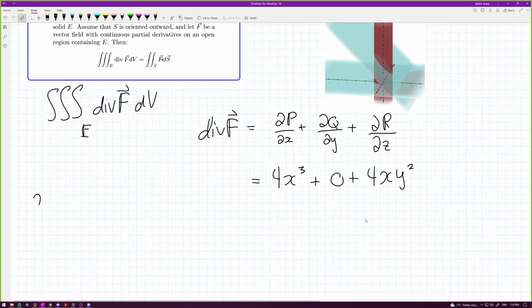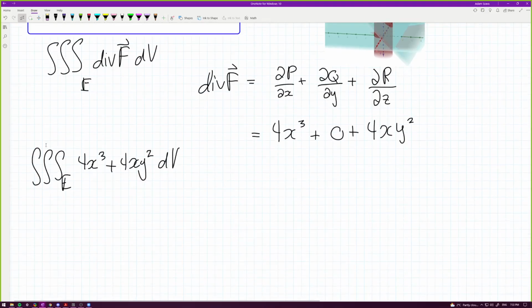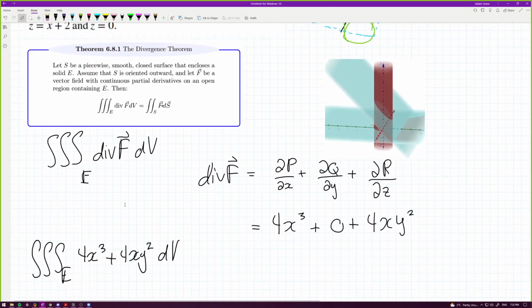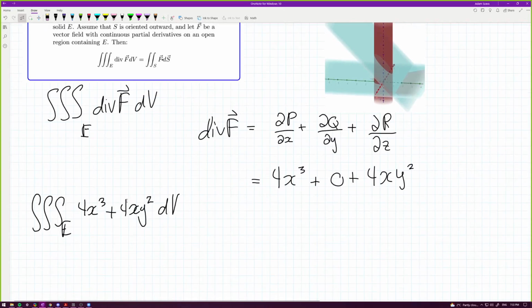So that is what we're integrating over E: 4x cubed plus 4xy squared dV. Of course, we could turn this into a regular integral in rectangular coordinates, so let me show you what it is.